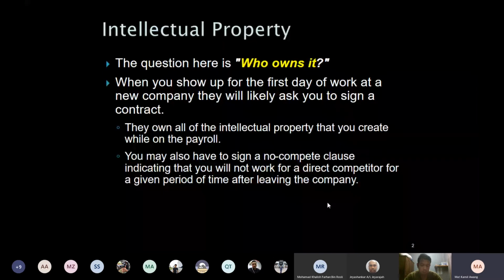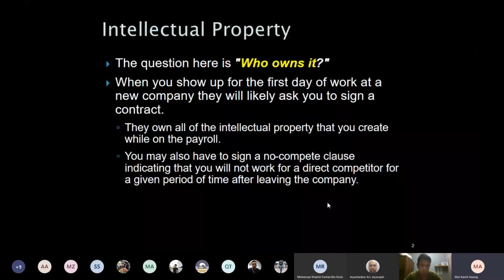For the second part, when I worked for Sapura, I was not allowed to go and work for Sapura's competitor if I left Sapura. So I have experienced both situations, right?